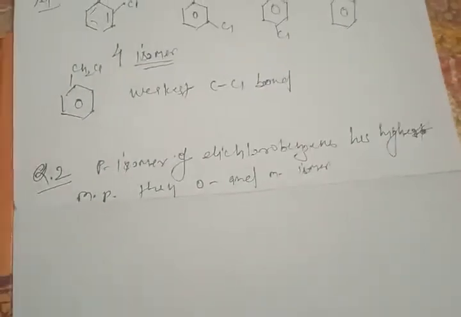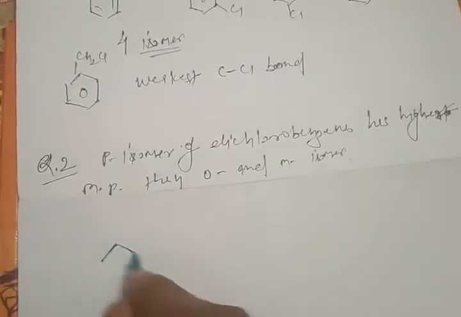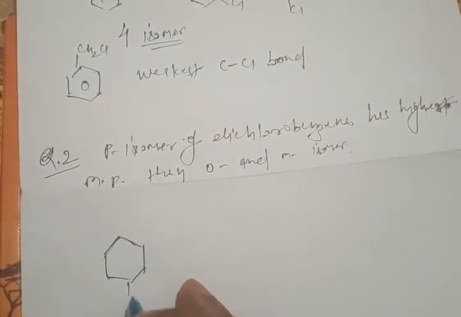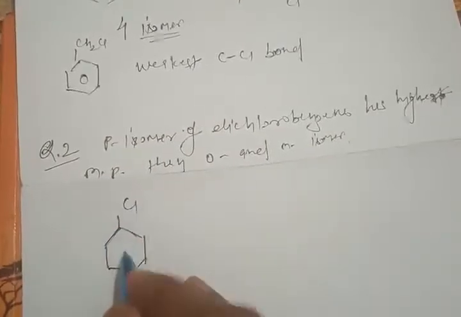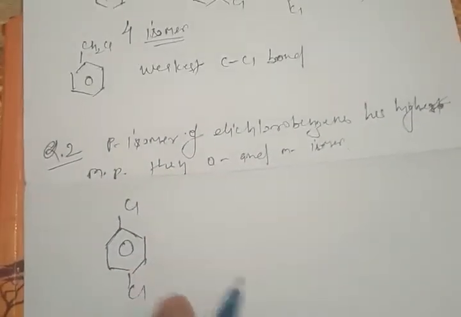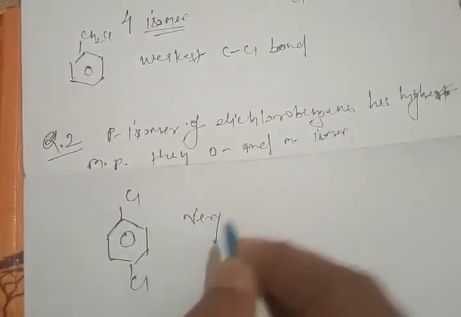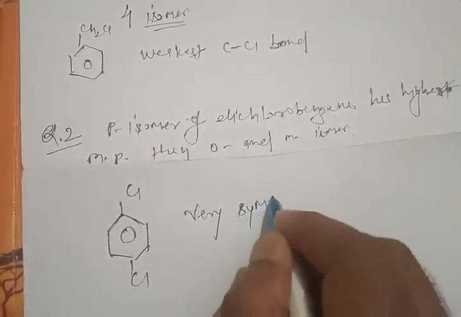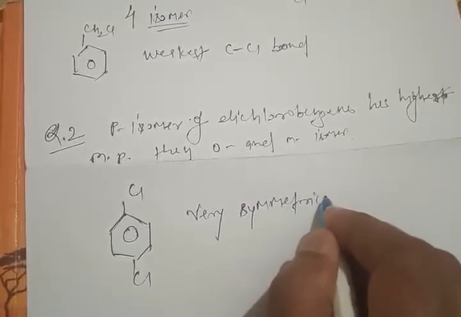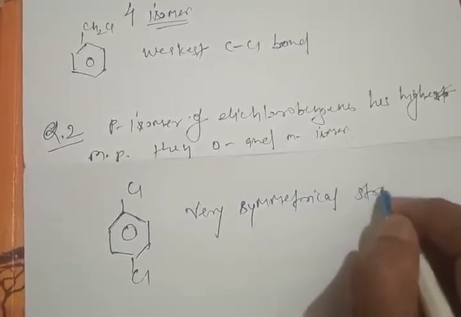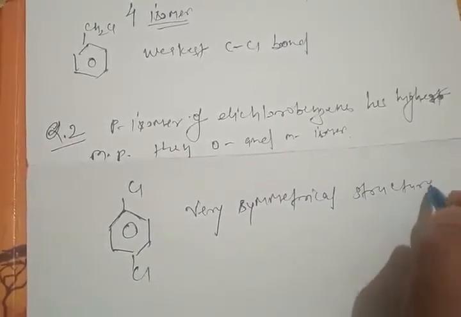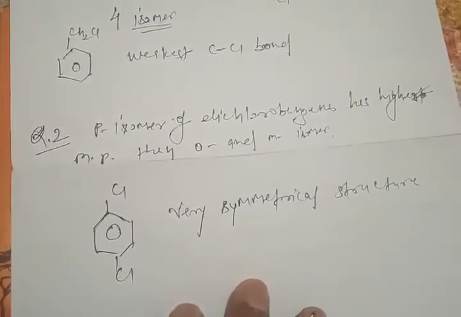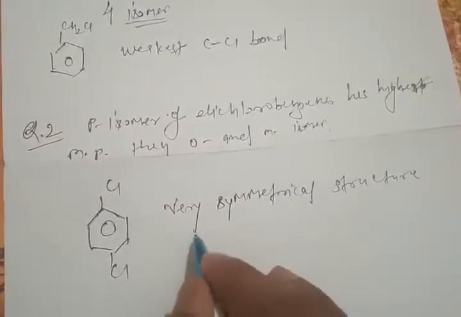Now moving to the second question, para isomer of dichlorobenzene has a higher melting point. So this is the para isomer, this is the chlorine, and this is the para isomer. Just look at the structure, this is a very symmetrical structure, and this symmetrical structure will give you close packing in the crystal lattice.